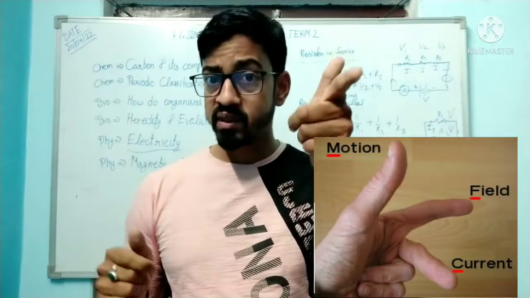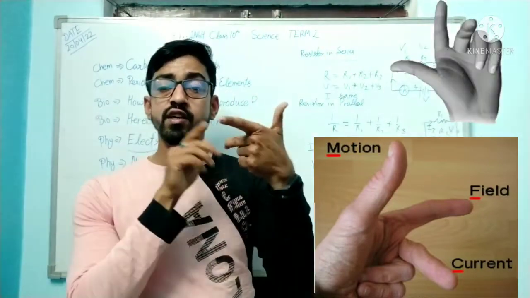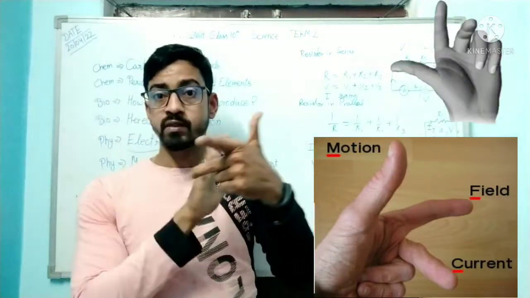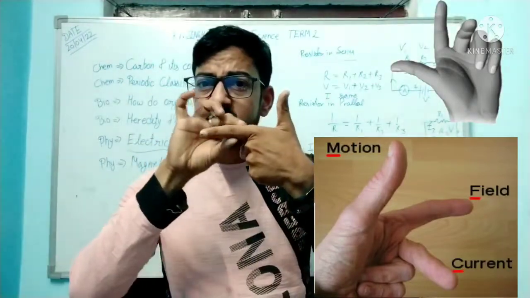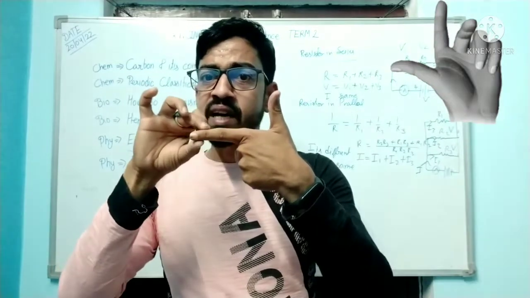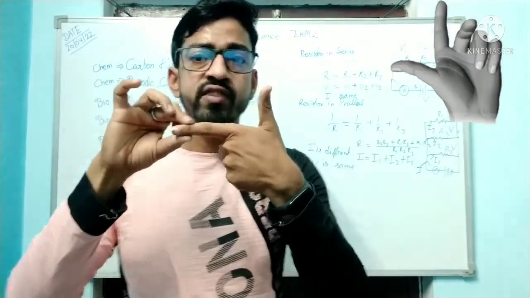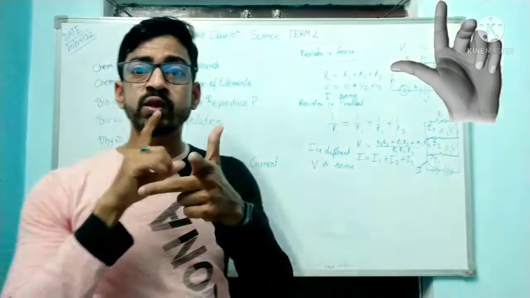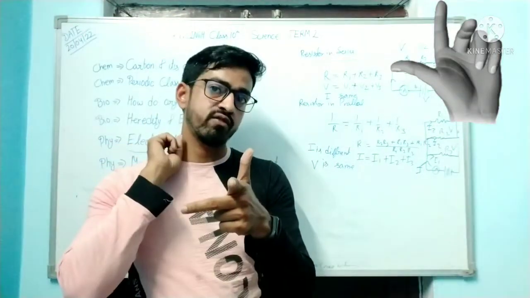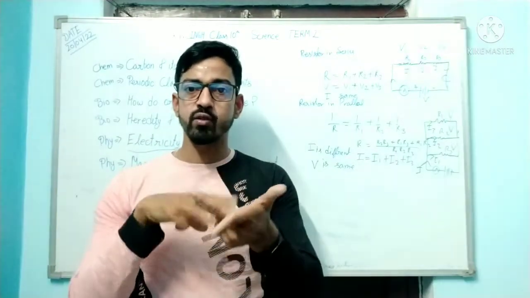If we arrange these things, we generate force. If we arrange this as the magnetic field, and this is our current, then the thumb shows the direction of force, if we arrange these perpendicular to each other.